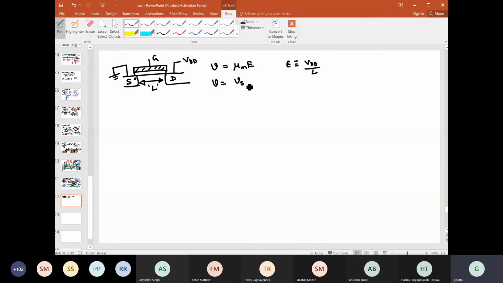So this becomes Vsat. So when this velocity becomes Vsat, what will happen to the device characteristics, as well as how should we take care of this in the transistor equation, this short channel phenomenon?